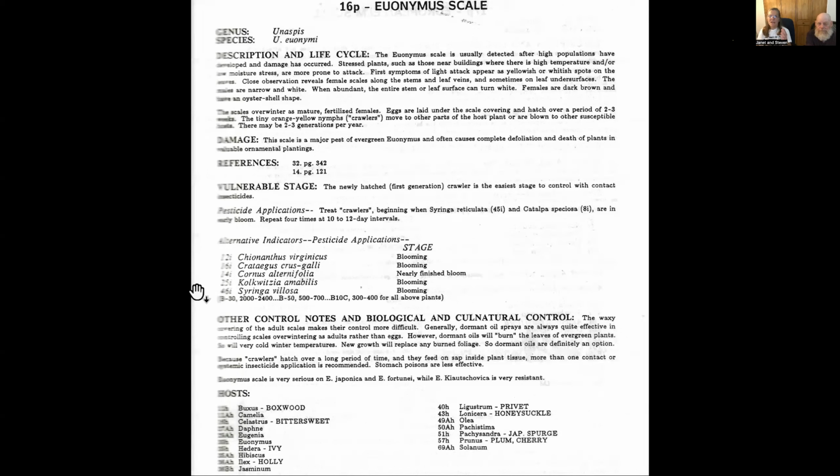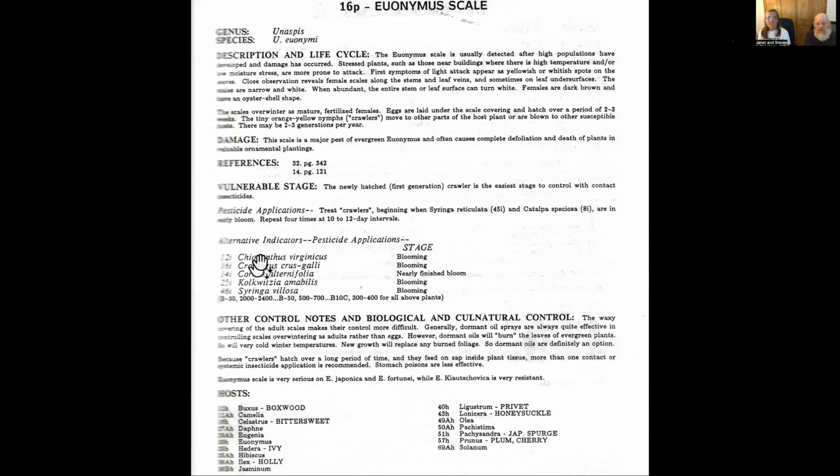So if you can look at what plants are doing a certain thing at a certain time, you can predict when your insects are going to appear.